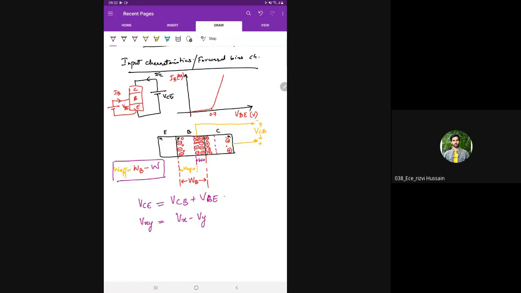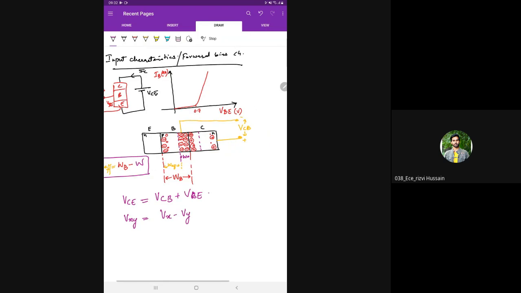Similarly, VCE is equal to Vc minus Ve on the left hand side. If we observe the right hand side, VCB plus VBE will be equal to Vc minus Vb plus Vb minus Ve. Then Vb and Vb will cancel and we are left with Vc minus Ve, which is equal to VCE.